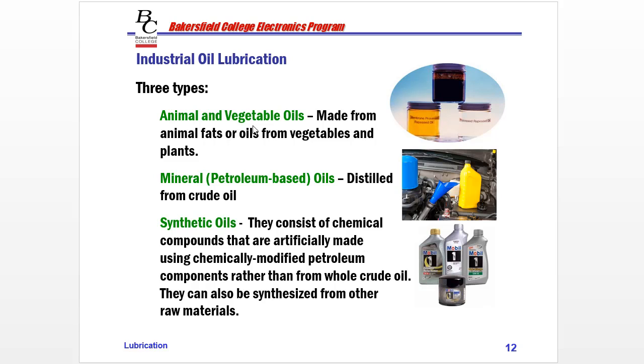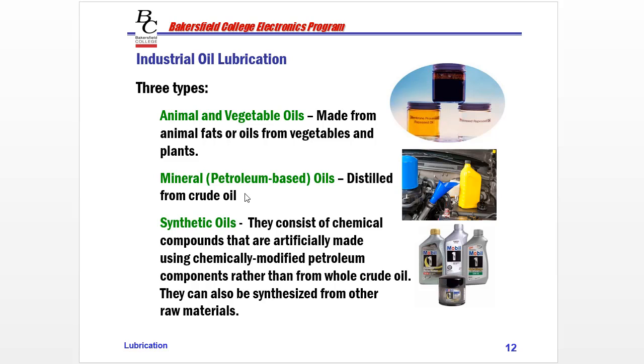Some of you may be thinking, why would we use vegetable oil for lubricant? Well, it depends on the manufacturing process. If we have a conveyor system and operating machinery and we're making food grade products, then we need to use a food grade lubricant.